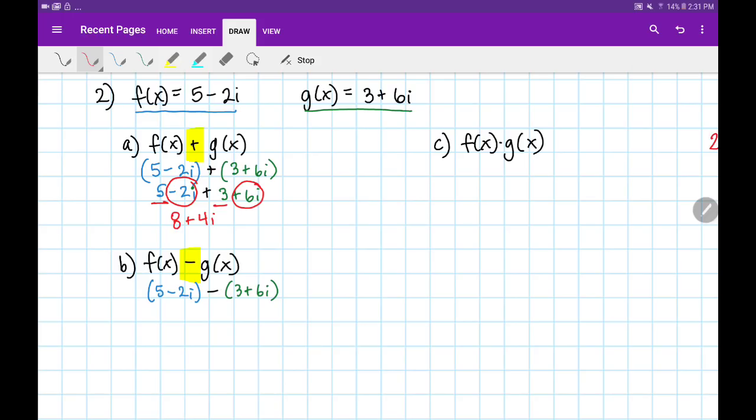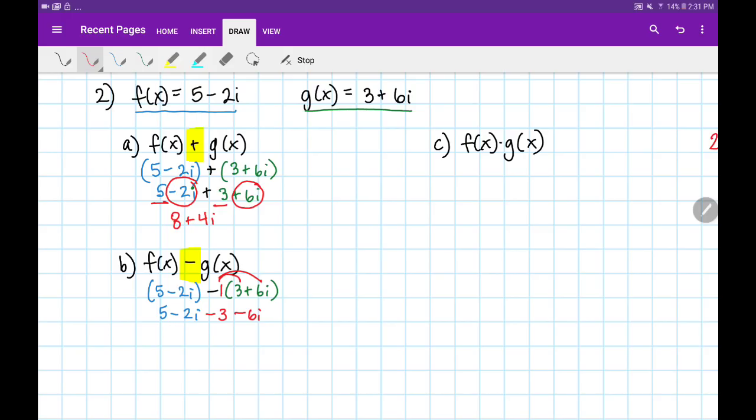So we have this negative 1 that we need to distribute, and what's going to happen when we distribute is it will change both of these signs. Okay, so careful. I have 5 minus 2i, but this positive 3 is going to change to a negative 3. And negative 1 times 6i makes that a negative 6i. So notice both of the signs changed.